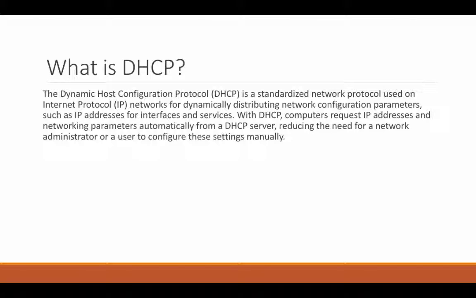A client typically queries for this information immediately after booting and periodically thereafter before the expiration of the information. When a DHCP client refreshes an assignment, it initially requests the same parameter values, but the DHCP server may assign a new address based on the assignment policies set by administrators.